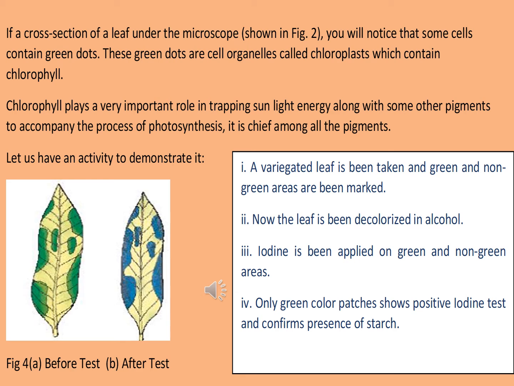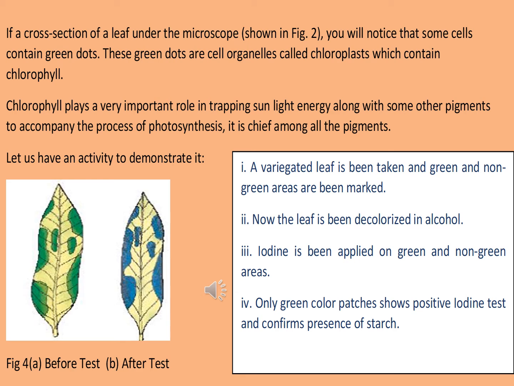We will see that the areas which are non-green in nature never show a positive iodine test. That means they don't become blue. But once we put the iodine solution on the green patches that we can see in the diagram, it turns blue.